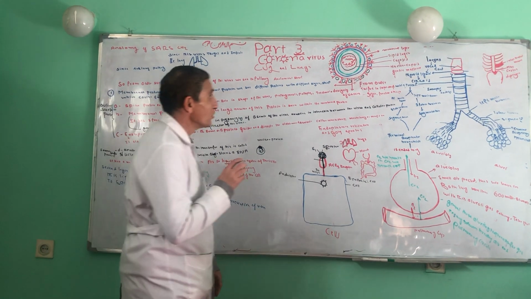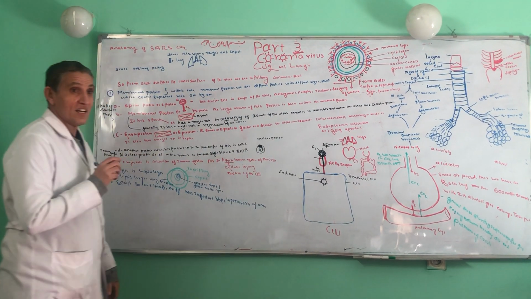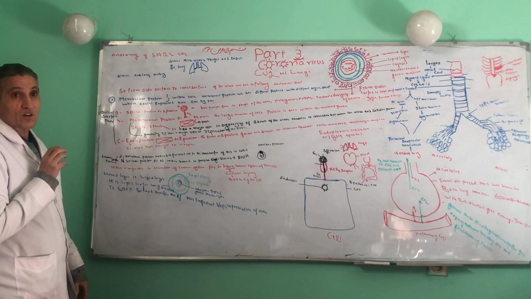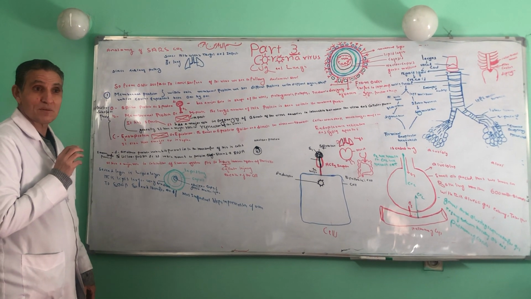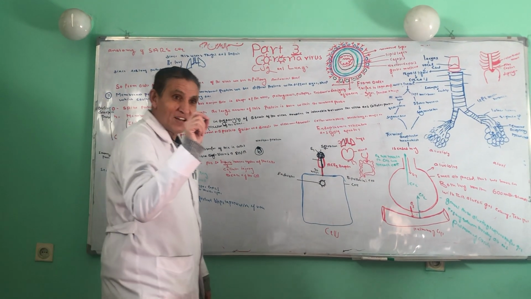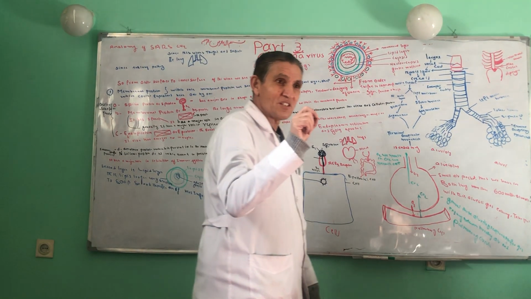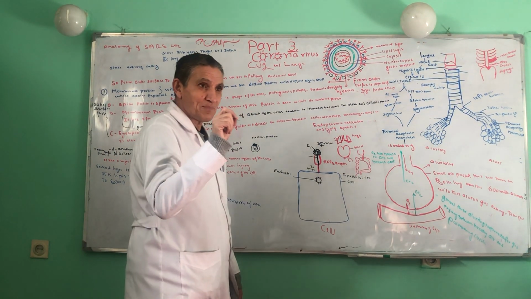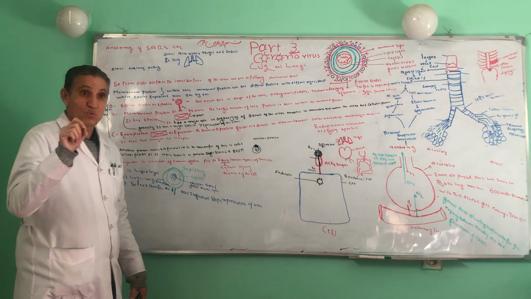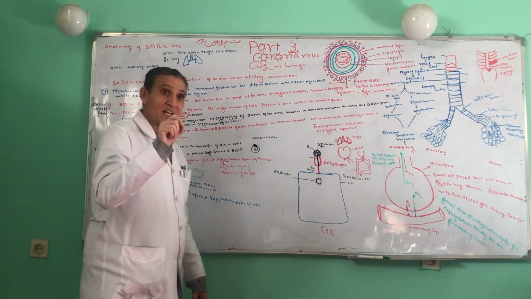This was about those proteins and structures that we have mentioned about SARS-CoV-2. Why do we discuss SARS-CoV-2? Because the anatomy, pathogenesis, and pathophysiology of both viruses, COVID-19 and SARS-CoV-2, are similar.